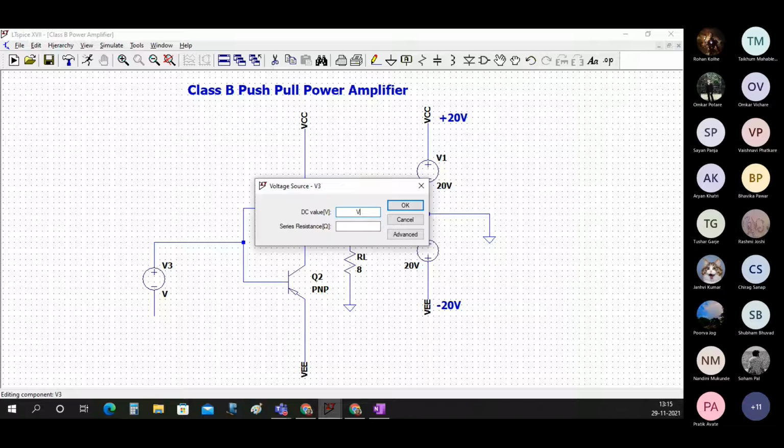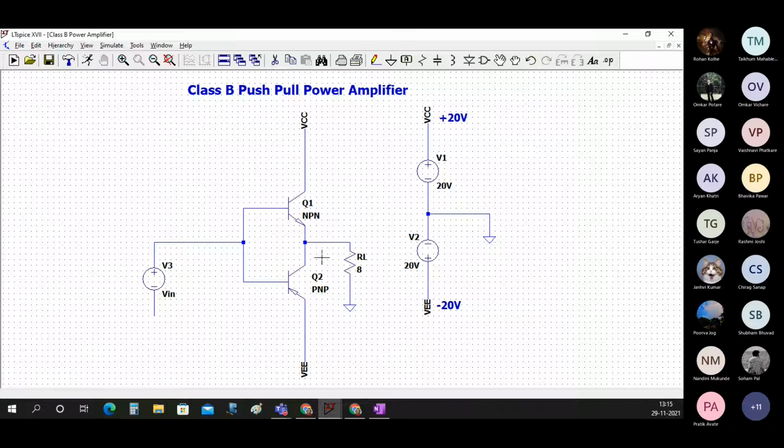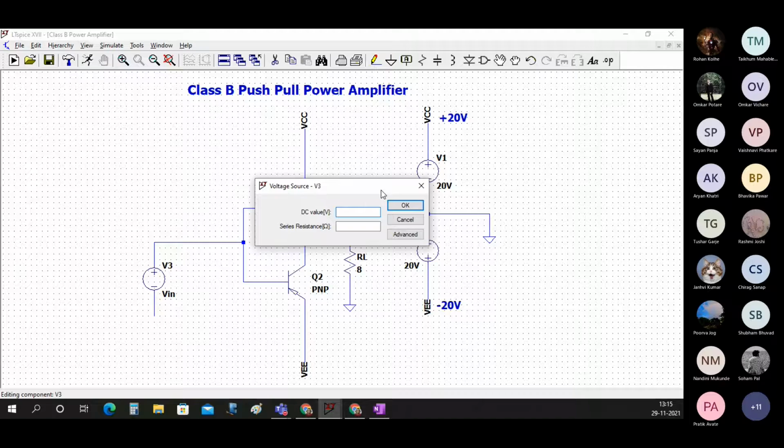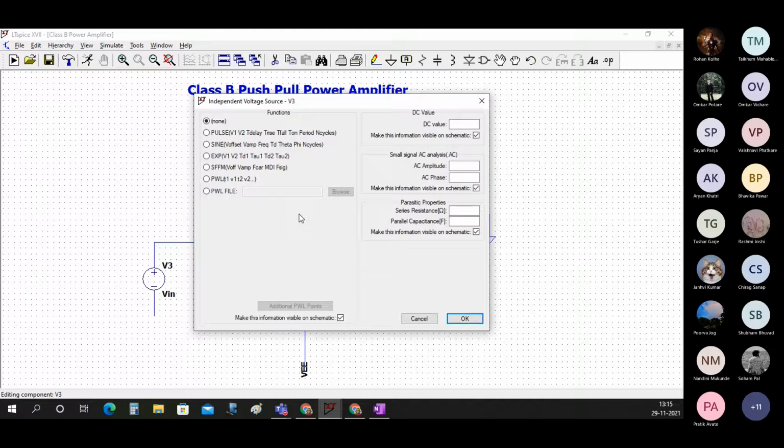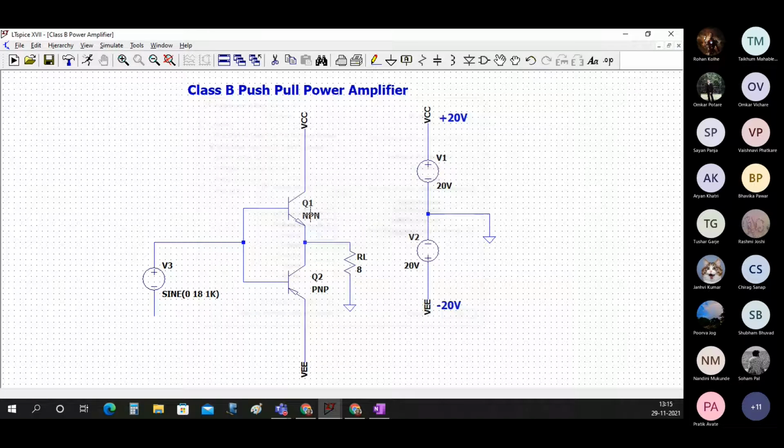So let's call this V in. The value of this, we'll go to AC advanced, then go to sine, then DC offset value is 0. Like I told you, the amplitude is going to be high, so here I'm writing 18 volts. Frequency is 1 kilohertz.